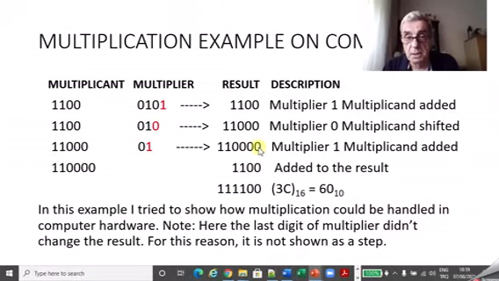The multiplicand is added to the result, and the result becomes this value, which is actually 3C in hexadecimal form, which is 60 in decimal form. In this example, I tried to show how the multiplicand could be handled in computer hardware. Note that here the last digit of the multiplier is 0, which didn't change the result, so it's not shown in the steps.